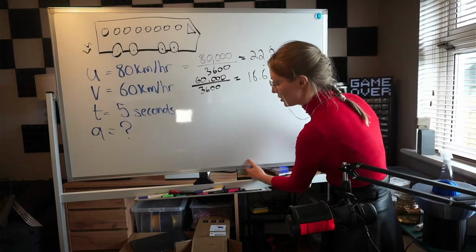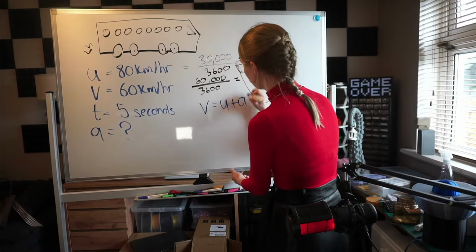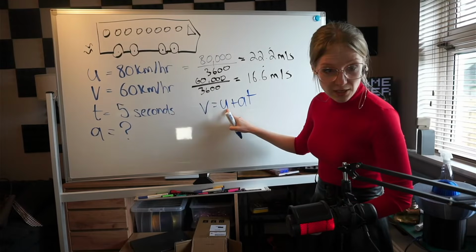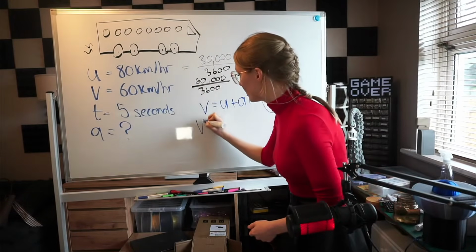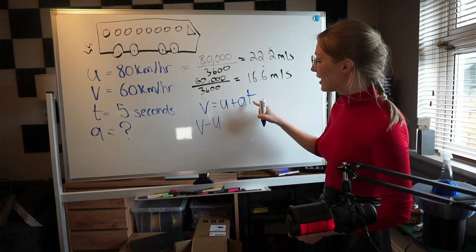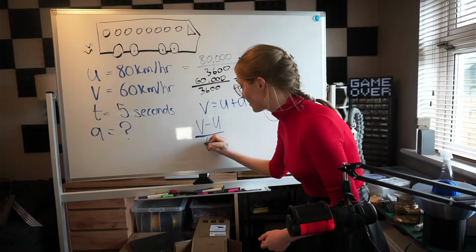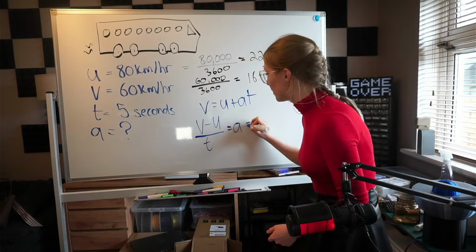So it's excellent. We can use our first equation. V is equal to U plus AT. U is being added on this side. To bring it across, it's going to be multiplied. Oh, sorry, subtracted, apologies. And then T is being multiplied by A, so it's going to be divided when we bring it across.